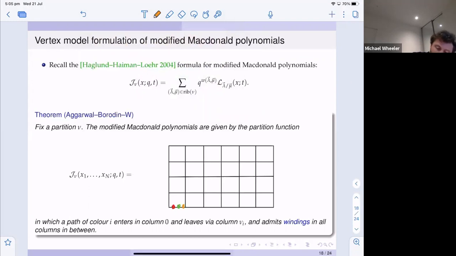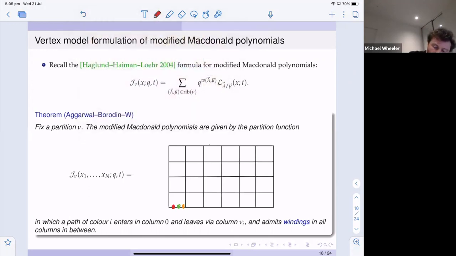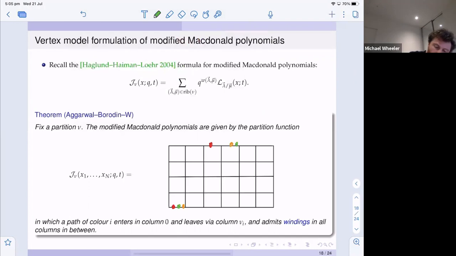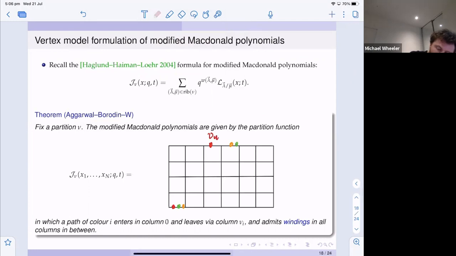And these represent the n parts of your partition, and then they will leave at the top in some positions. Let's say something like this. This coordinate here will be nu sub n, and then this first one here will be nu sub 1. So these are the parts of the partition along here.